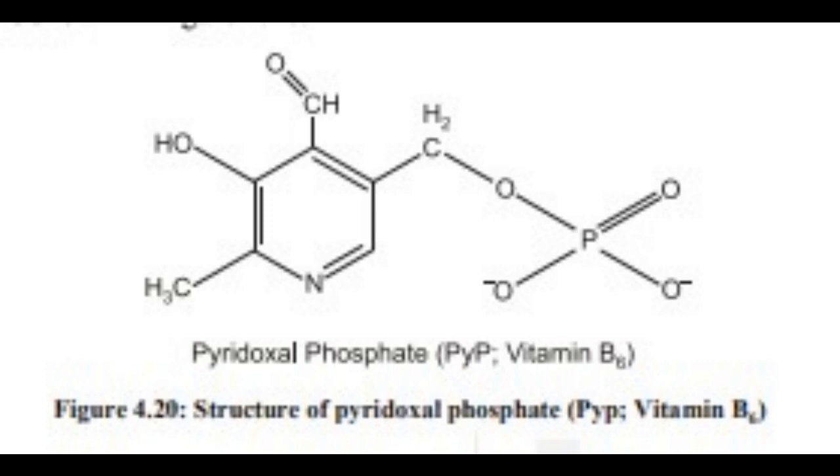Whenever it accepts the amino group, it transforms to pyridoxamine phosphate, and after the release of the amino group, it again becomes pyridoxal phosphate. Aspartate is decarboxylated by aspartate decarboxylase taking the help of pyridoxal phosphate. L-alanine transforms to D-alanine by alanine racemase, which also requires pyridoxal phosphate as the coenzyme.